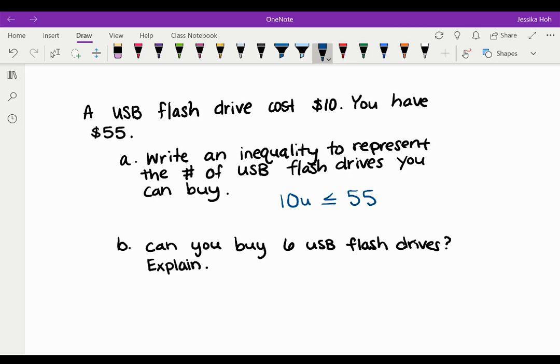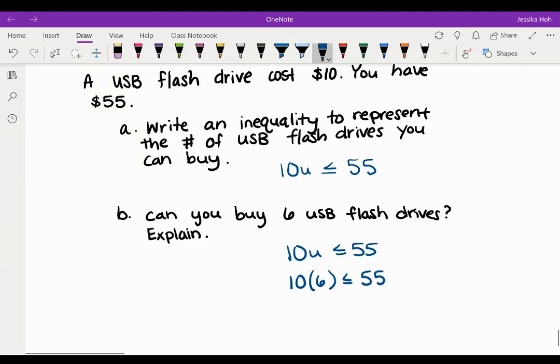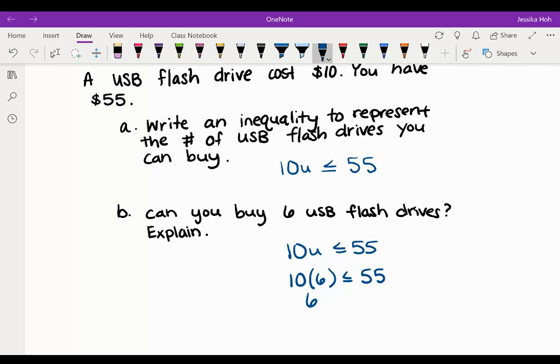Can you buy 6 USB flash drives? I'm going to use the inequality that I created above. 10 times U is less than or equal to 55. So 10 times 6 is 60. 60 is less than or equal to 55. Am I able to buy the 6 flash drives?